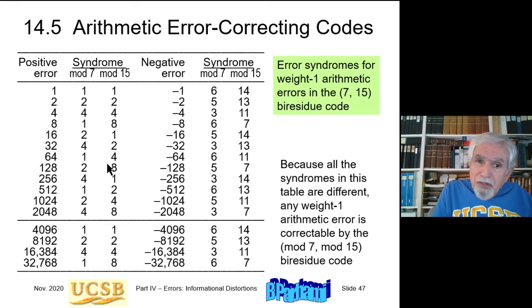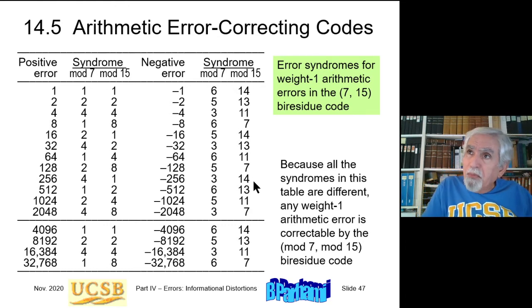Notice that all these syndromes are unique. That's why we can correct a single error. In other words, 6, 11 does not appear anywhere else. Okay, 6, 7 only appears here and nowhere else. So because these syndromes are unique, they pinpoint the location of the error that we can correct.